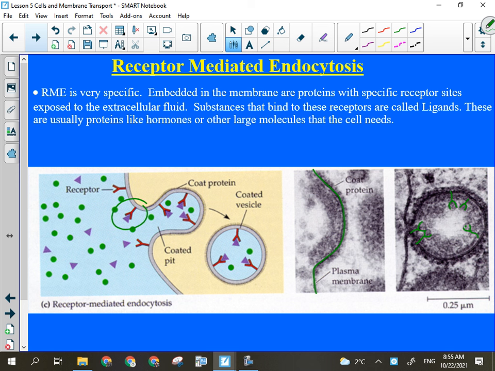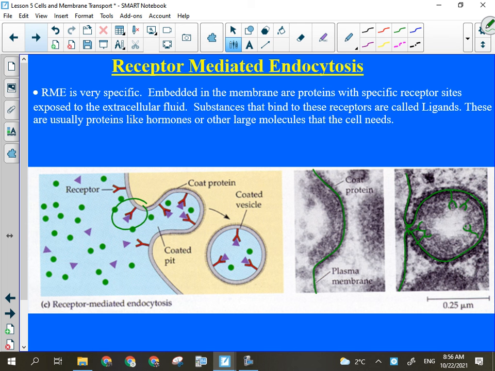I can't draw them all, but okay, you can kind of see them there. When those receptors are triggered, okay, then that stuff, this is exactly what happens. Here's the cell membrane. Okay, it's exactly like the diagram. This is where the process is beginning, okay, and here's where the process is just about done, okay, that's gonna pinch off, and then that vesicle will be inside.